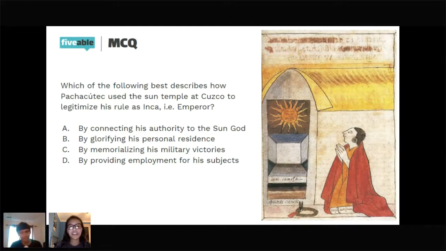I feel like connections help me so much with AP World. You don't really see how much very old things influence things that you see later in history.